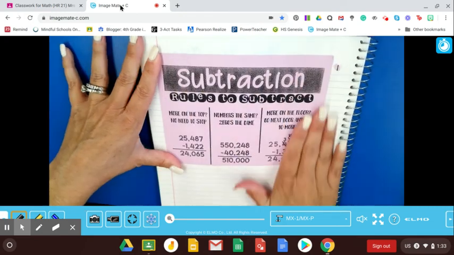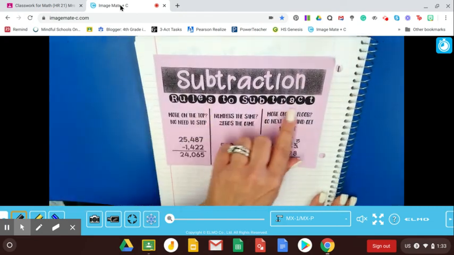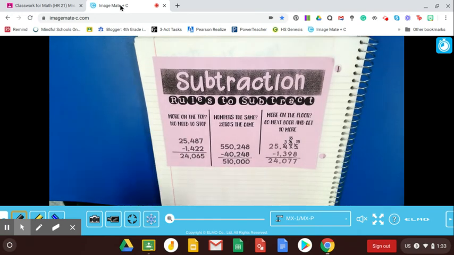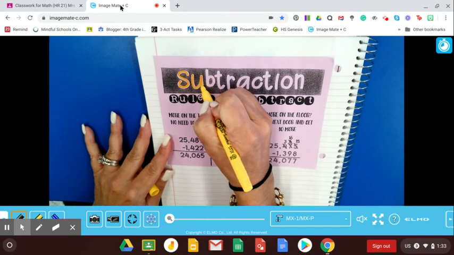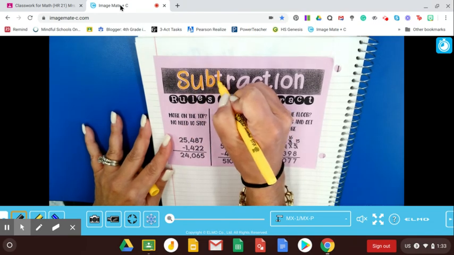All right. So these are my rules to subtract. Maybe I want to add a little color. I'm going to go over this with a marker.